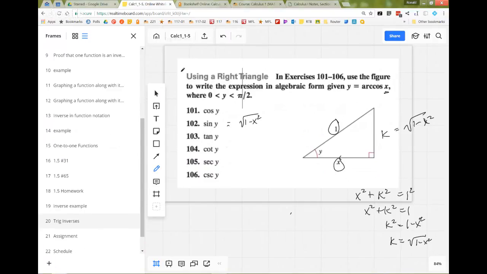Let's do the cotangent. What's the cotangent of angle y? Well, tangent is opposite over adjacent, so cotangent is adjacent over opposite. So do you see how you can solve all of those? You first have to find that remaining side of the triangle, and then the rest of these should all fall.